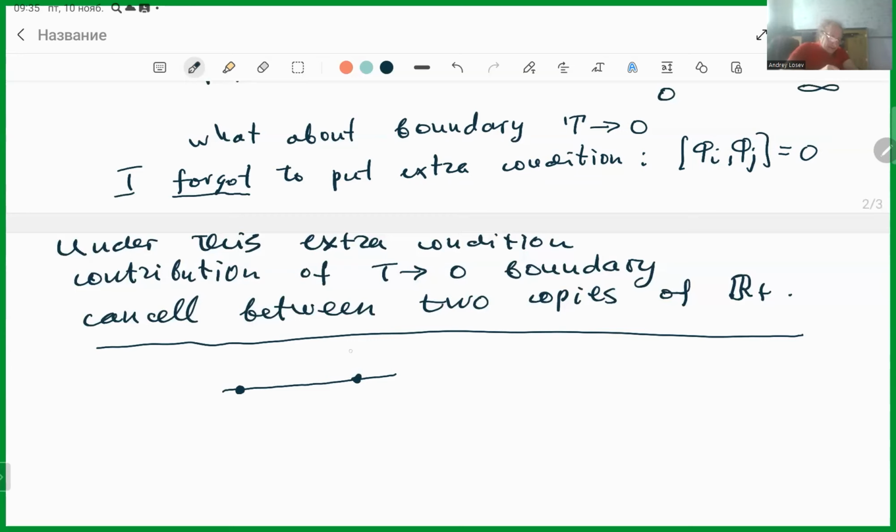Let us study. Suppose we have ordered points. Then the configuration space is actually R plus. You see, I wrote here this line. It corresponds to the vacuum state.